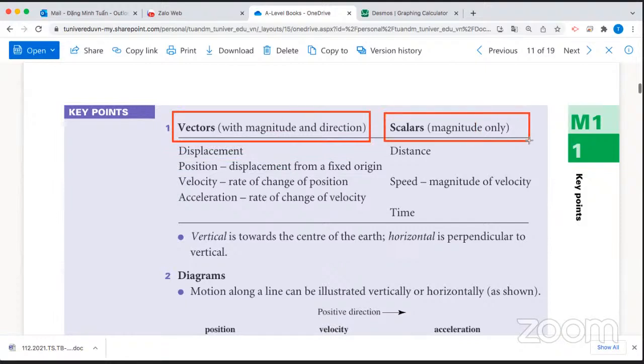And then look at this one. The vertical one is toward the center of Earth, due to gravity. And the horizontal is perpendicular to the vertical. So for every motion, we can consider two directions: one, horizontal, and two, vertical.